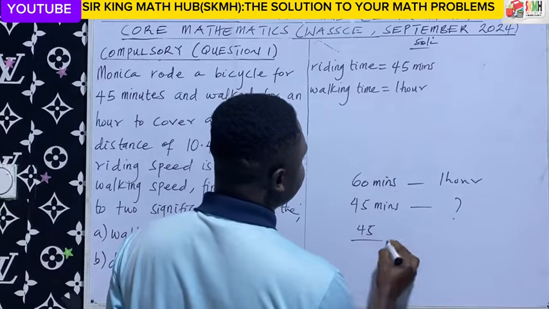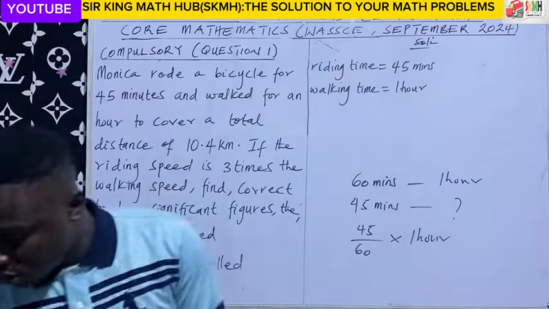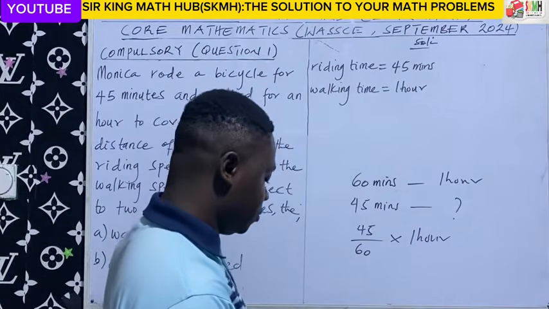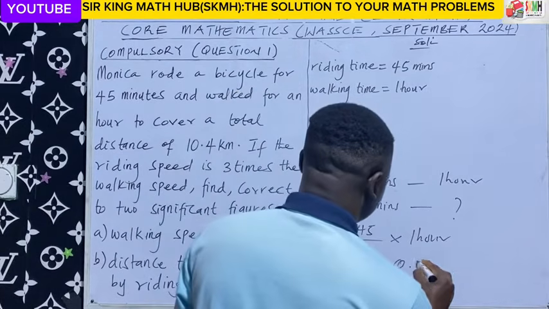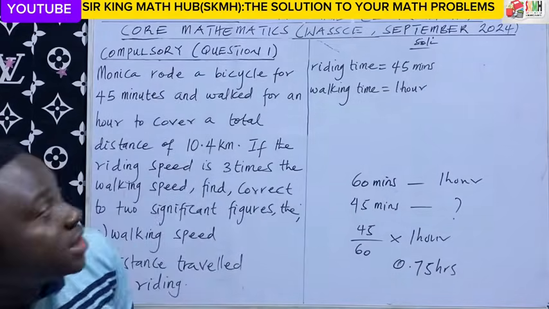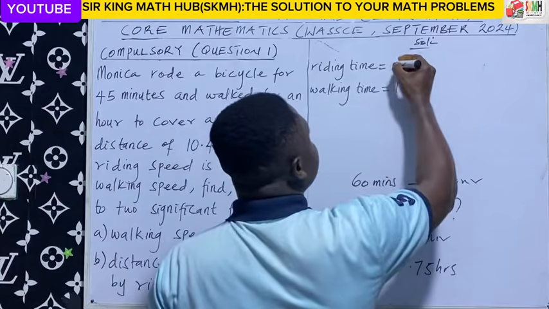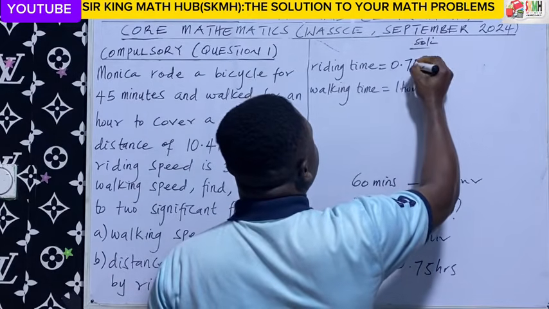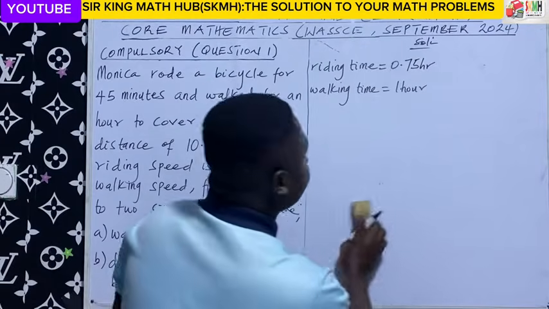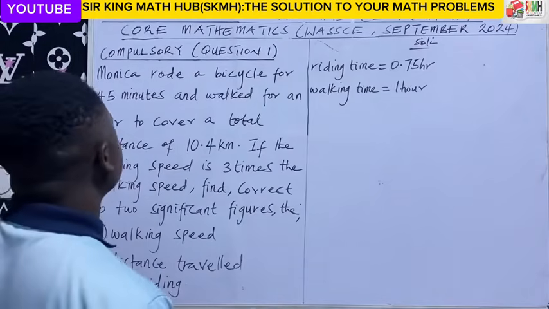So 45 minutes divided by 60 minutes times 1 hour gives us 0.75 hours. So instead of 45 minutes, let's substitute 0.75 hours. That is the riding time and walking time.